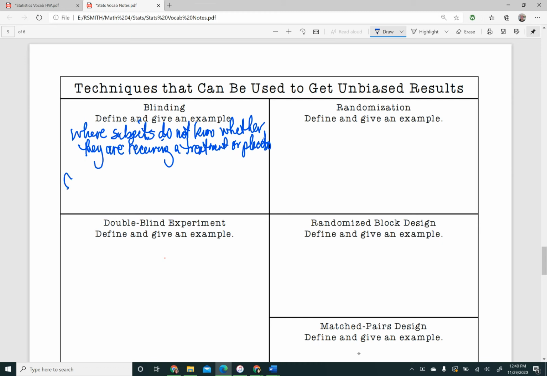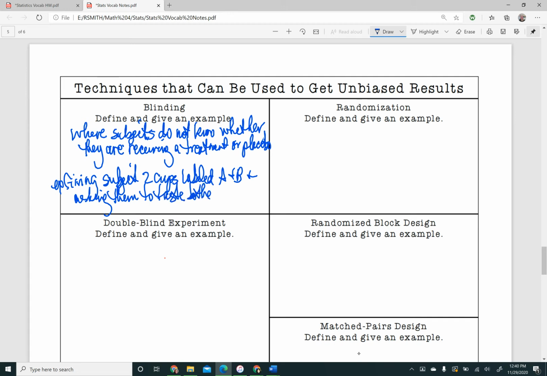For example, giving a subject two cups labeled A and B and asking them to taste both and determine which is Pepsi and which is Coke.